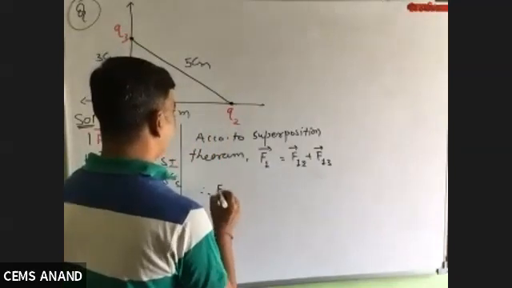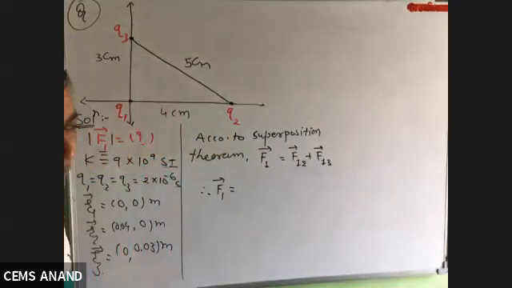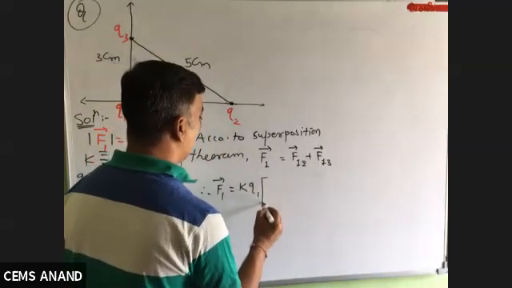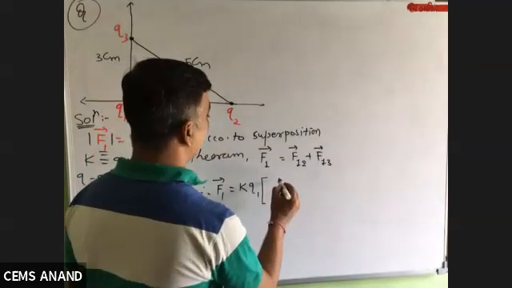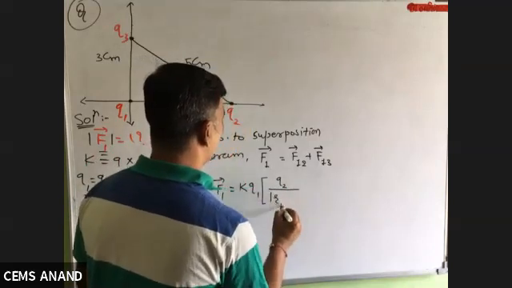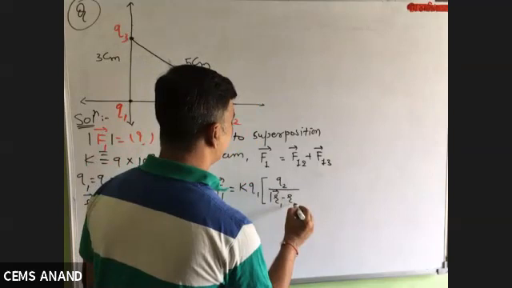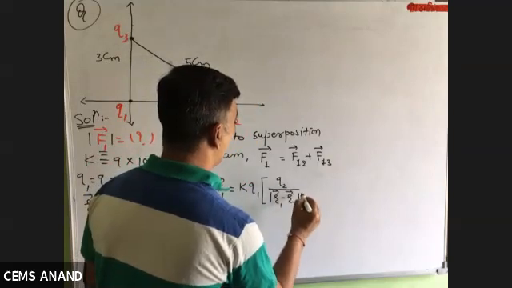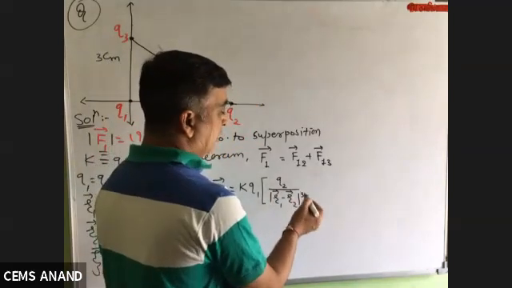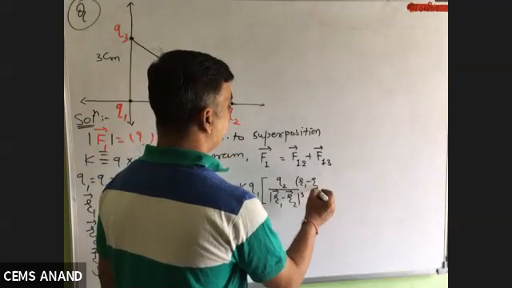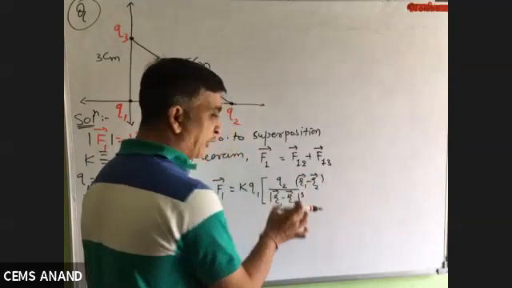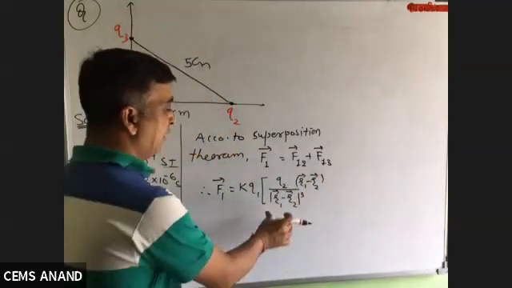That's why F1 is equal to K Q1 in bracket Q2 (R1 minus R2) modulus cube. Why is it cube? Because the unit vector is R1 minus R2 divided by its own magnitude, so that magnitude is multiplied with the square of the remaining part.